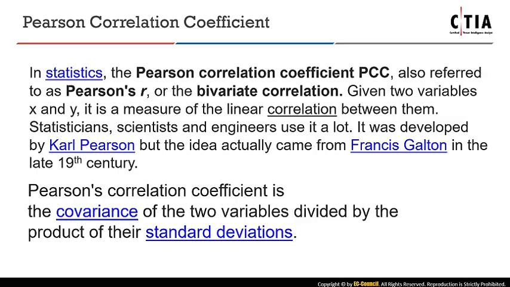And so given two variables, X and Y, it's a measure of the linear correlation between the two of them. Statisticians, scientists, engineers use the Pearson's correlation coefficient quite a lot, and especially scientists and statisticians. It was developed by Karl Pearson. The idea actually came from Francis Galton way back in the late 19th century.